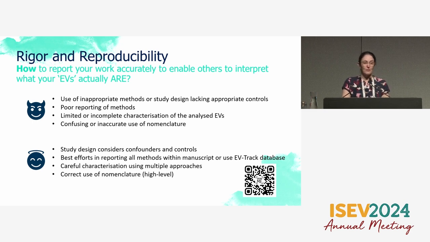Or we also recommend using the EV-TRACK database that I've also added in this QR code. Also consideration of using multiple approaches for characterization, and also a high-level correct use of nomenclature. So use EPs if you can't prove that the EV and that membrane is actually present.